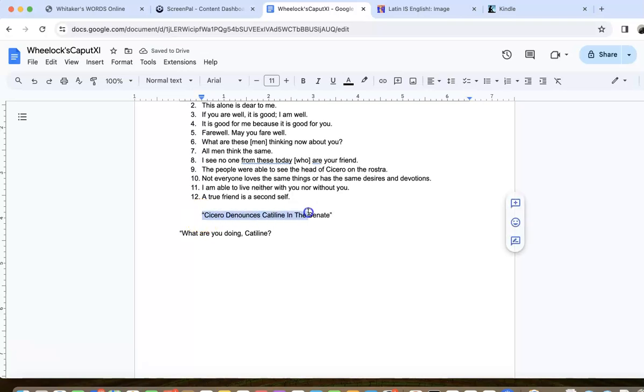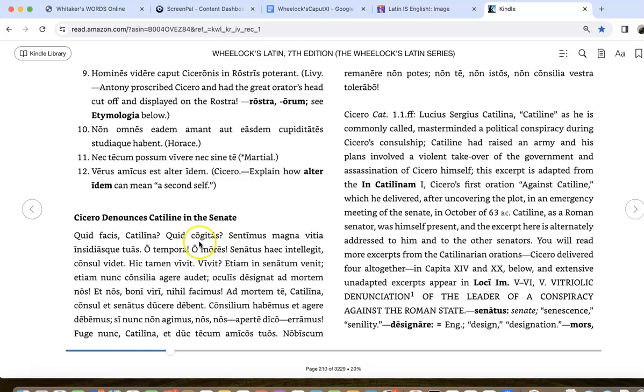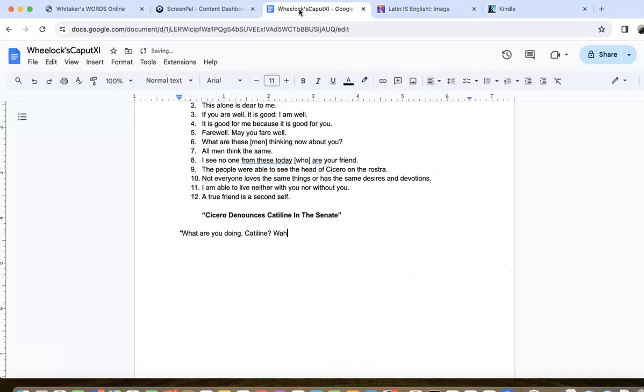Should work for us. Helps our organization. Okay. So what are you doing, Catiline? What are you doing? What are you thinking? Quid cogites? What are you thinking?